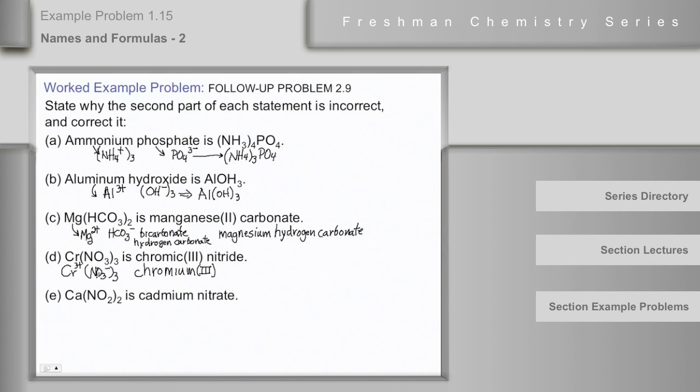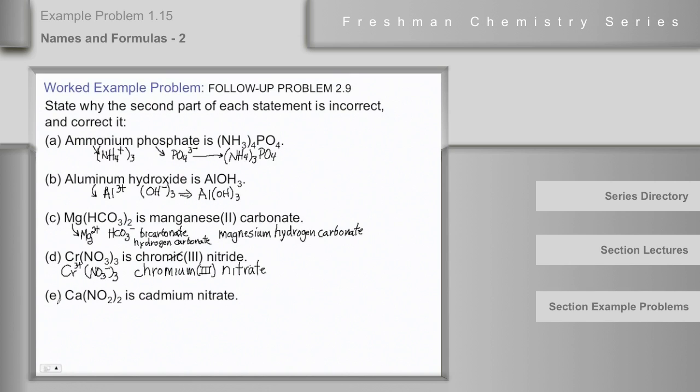And now nitrate, not nitride. Nitride is N3 minus, and NO3 minus is nitrate. So we would say chromium 3 nitrate. So the nitride is incorrect and the chromic is incorrect. It should be chromium 3.